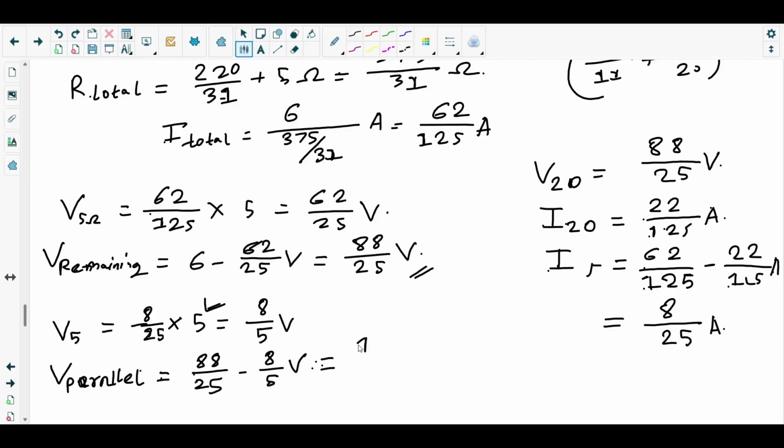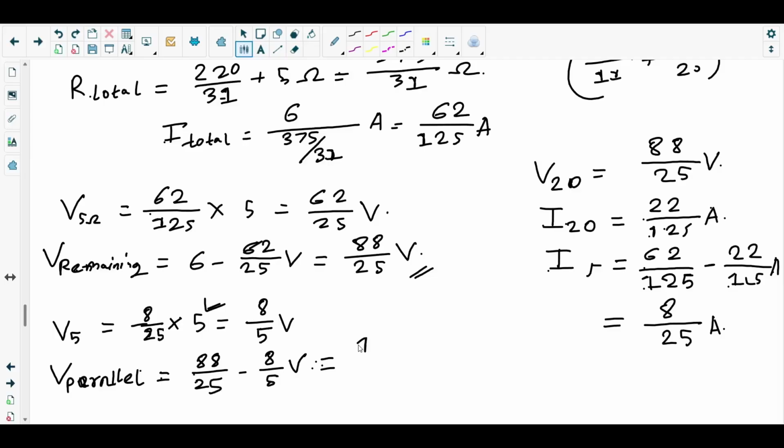So the load current is 24 over 125 ampere. We got the current, and we got the voltage across the load resistor.